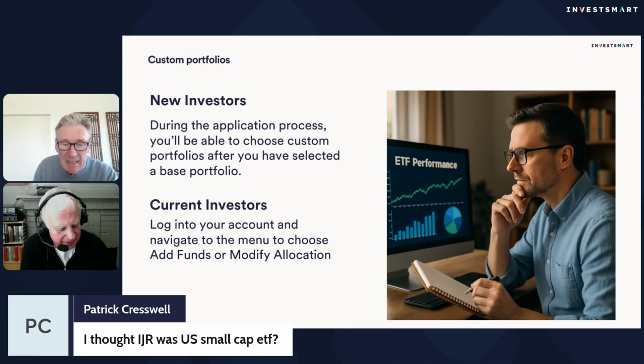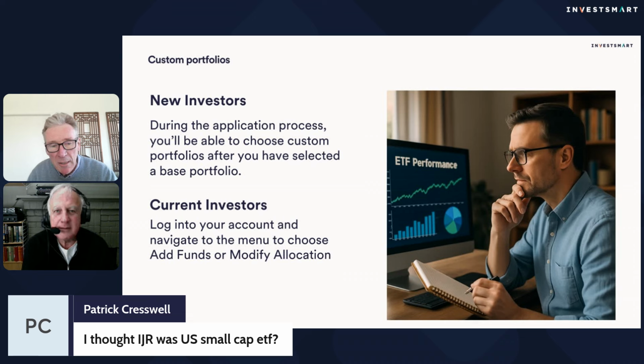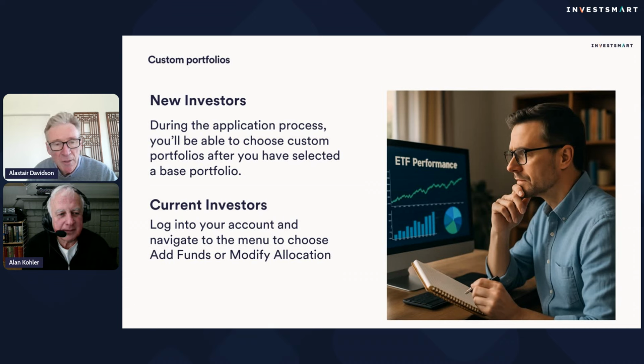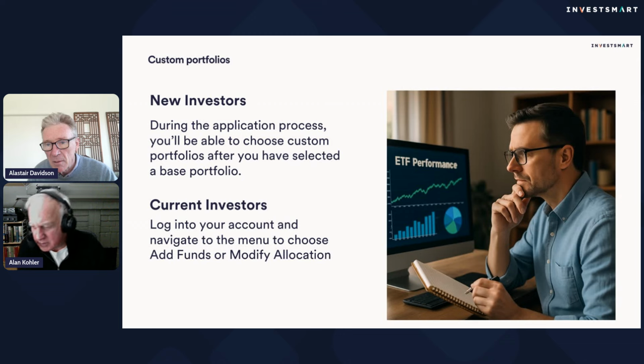The IJR index. I'm trying to remember off the top of my head which US small cap index that comes back to, but rest assured I will answer those questions. As soon as this presentation is finished, I will do a little bit of research to find out just why that one has underperformed, because I'm not sure which small cap index that follows in the US. Apparently the S&P small caps.